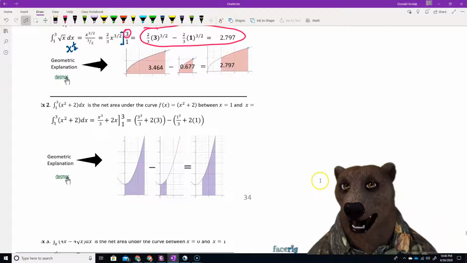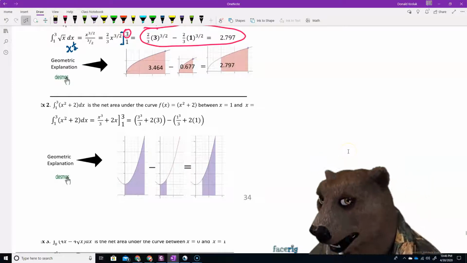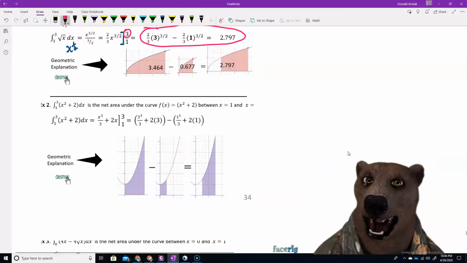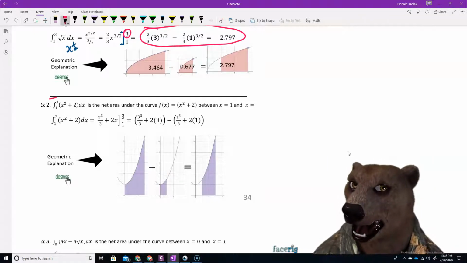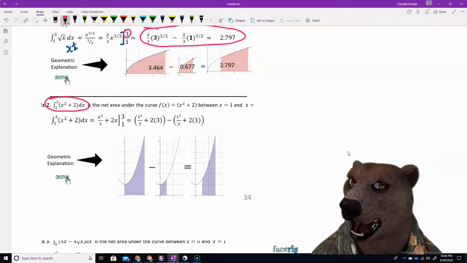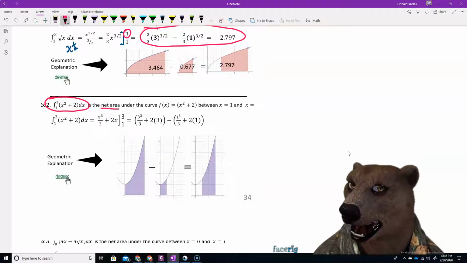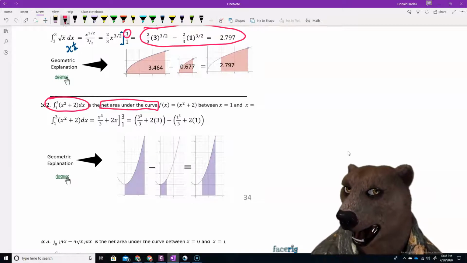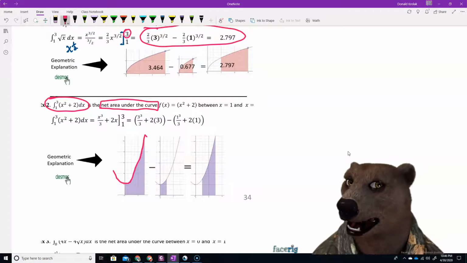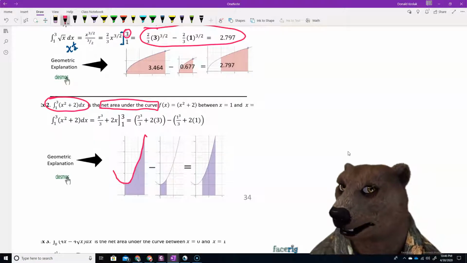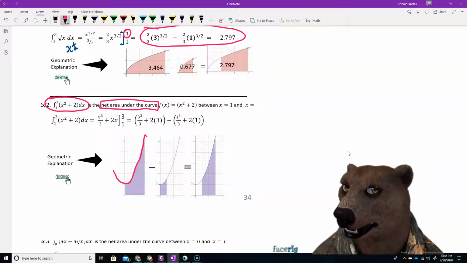So our next example was to find the area under the curve, or the net area, or integrate this, I'm sorry. When I integrate that, I'm actually calculating the net area under this curve. That curve is a parabola. We did a normal integration of x squared and of 2.